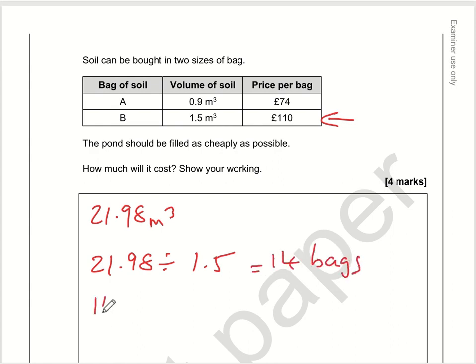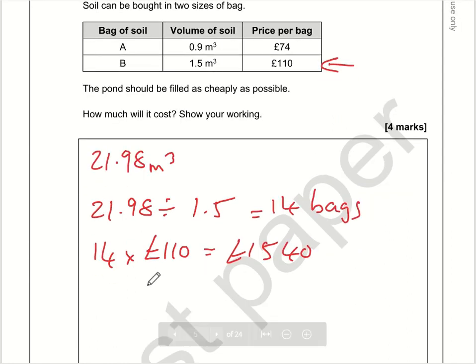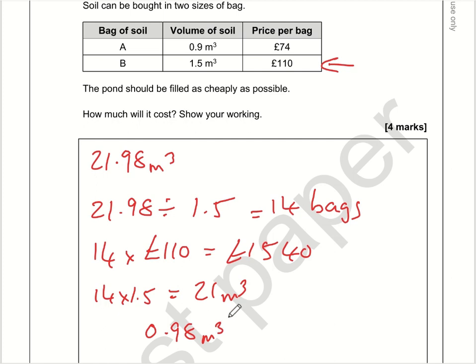So that's going to be 14 bags times 110 pounds, and that is 1,540 pounds. Now 14 bags is 14 times 1.5, which is exactly 21 cubic meters. So we've still got 0.98 cubic meters to fill.